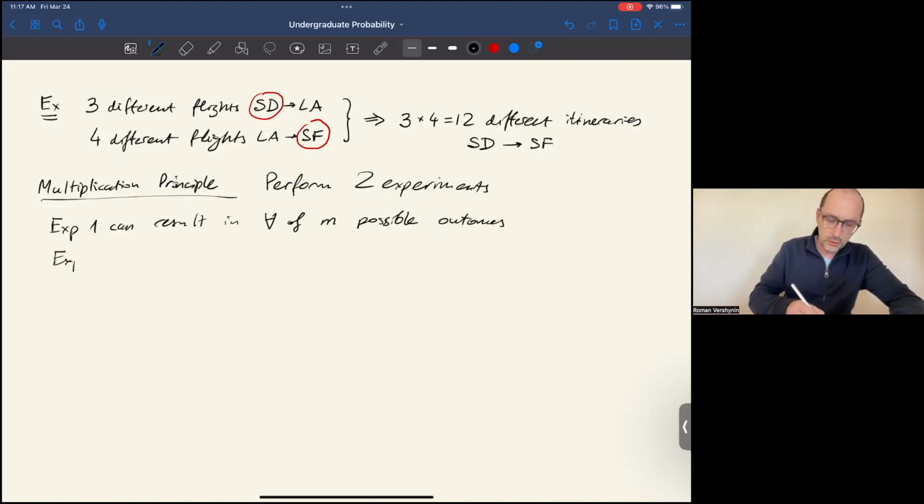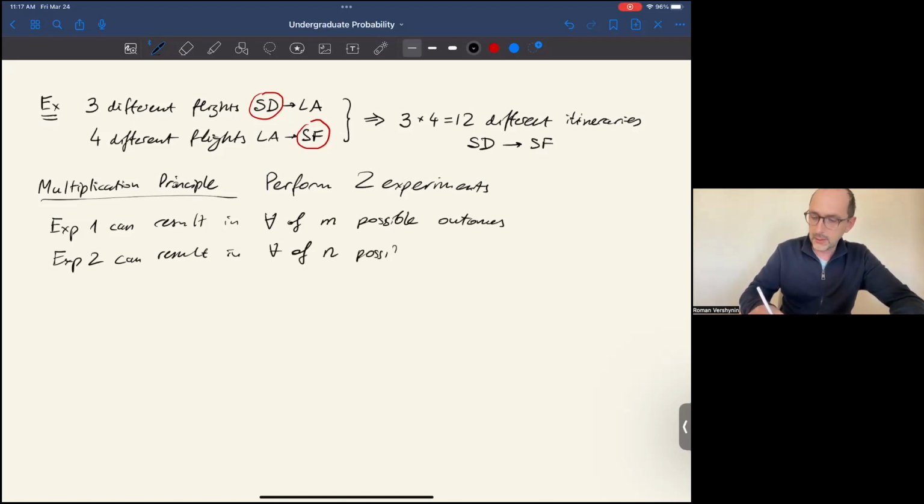And experiment 2 can result in any of n possible outcomes. In the example above, n is 4.